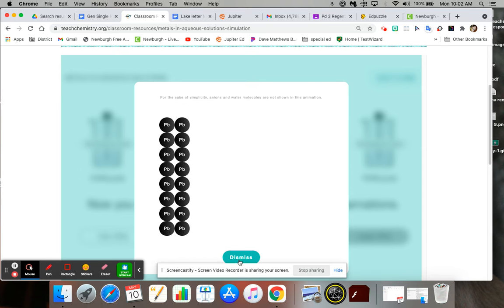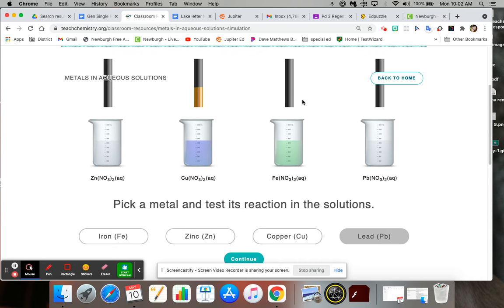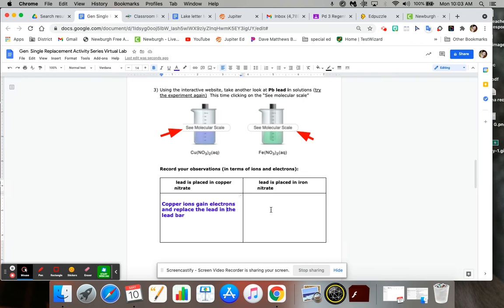They're not reacting. And that's why you don't see a reaction. Nothing's happening. Let's record that. The iron ions in the solution do not gain electrons and do not replace the lead in the lead bar. Okay, so we get no reaction.